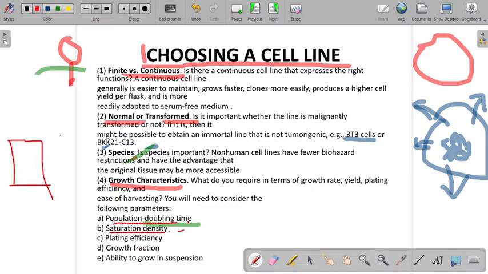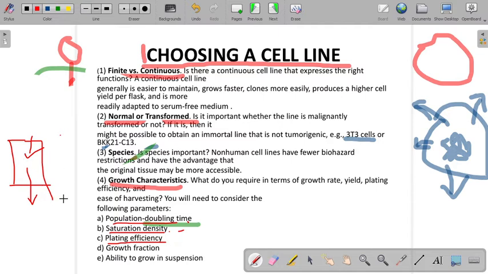Then plating efficiency. Plating efficiency means how many cells we need to plate in a single culture plate, and based on that, how efficient it is. Suppose we want to seed 5 into 10 to the power 4 cells per plate, and that shows confluency within half a day or within a day.